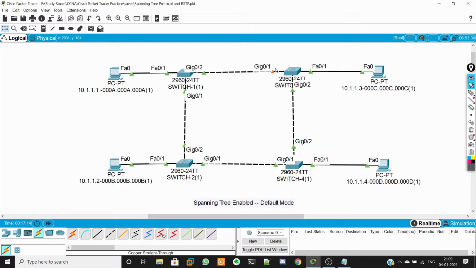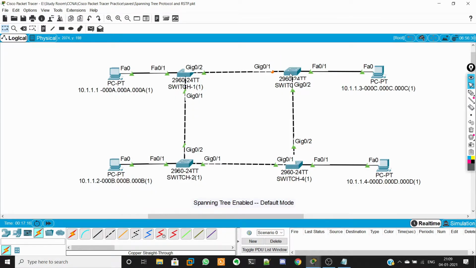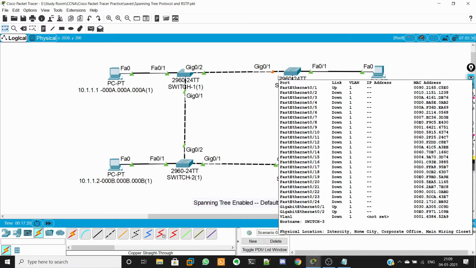It won't update the source MAC address in the switch MAC address table. It simply ignores that frame. Also, the switch will not forward any frames through that port. So the switches somehow communicated among themselves and made this switch port shut.